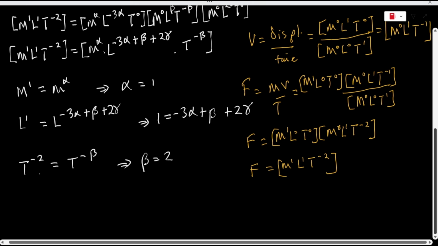So from here we can do the inputting and find the value for gamma, because beta has been determined as 2, alpha has been determined as 1.